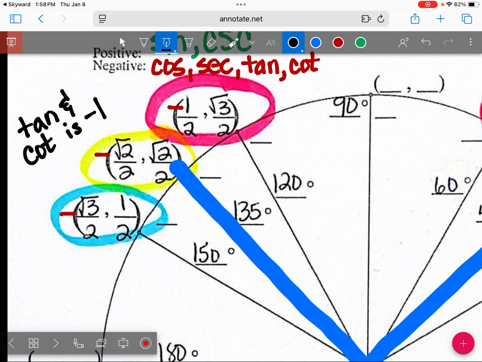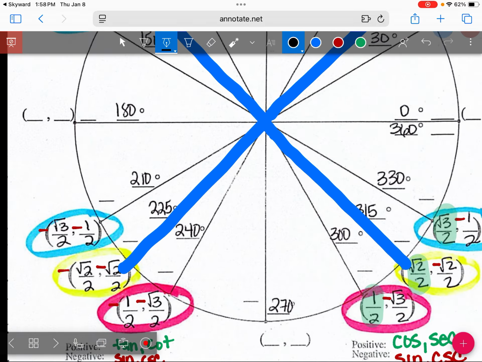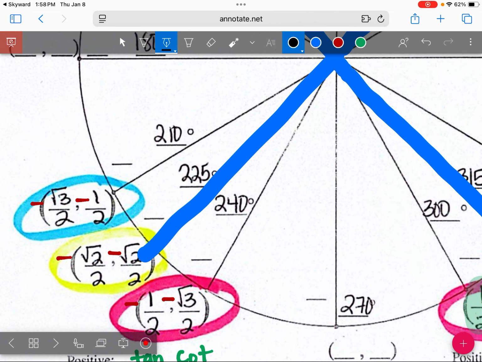Now let's go down to quadrant 3. Quadrant 3, that's my 225-degree angle. This is when they're both negative, which is why tangent and cotangent is +1. Let's do that.